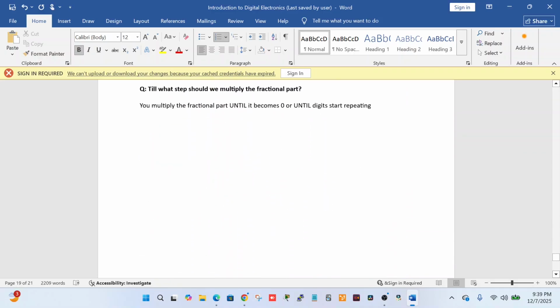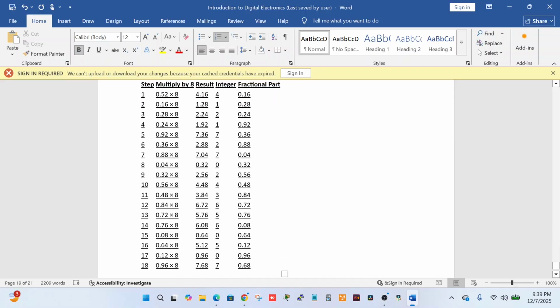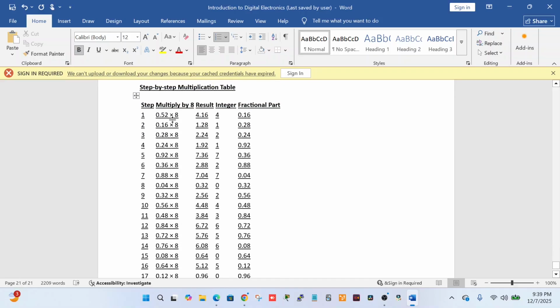See here, 0.52 into 8 is 4.16. The integer is 4, the fractional part 0.16. If you keep on multiplying the fraction number, observe that the integer parts are 4, 1, 2, 1, 7. This is your integer part.